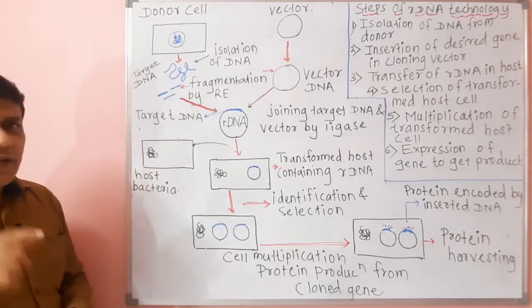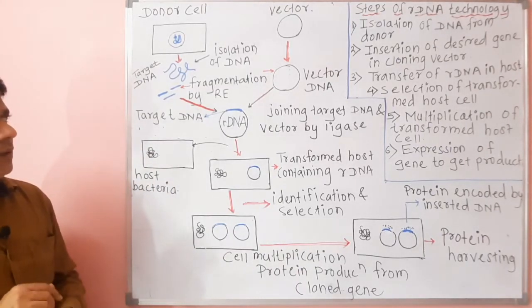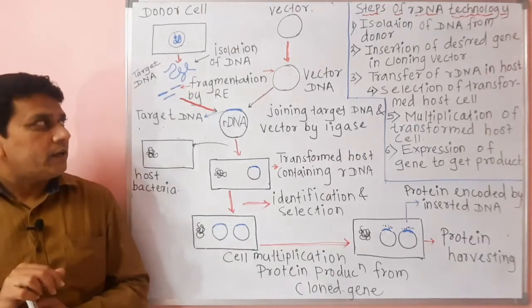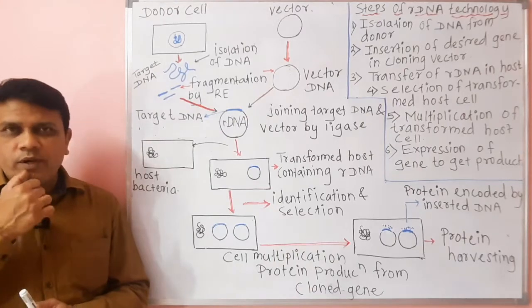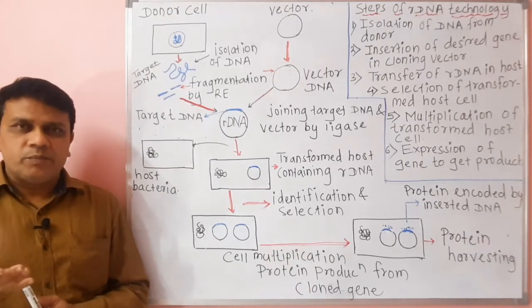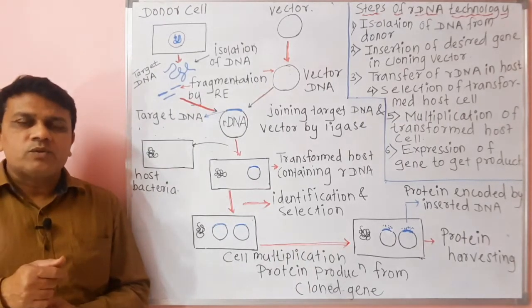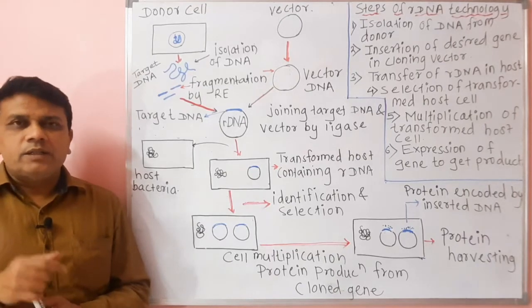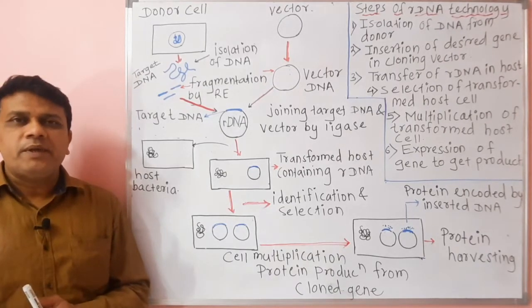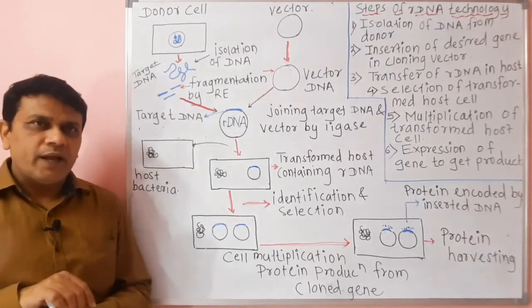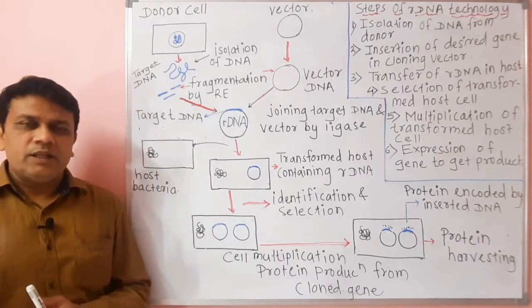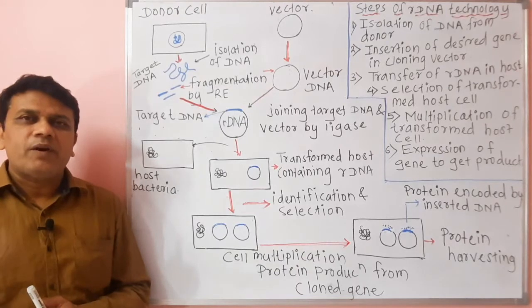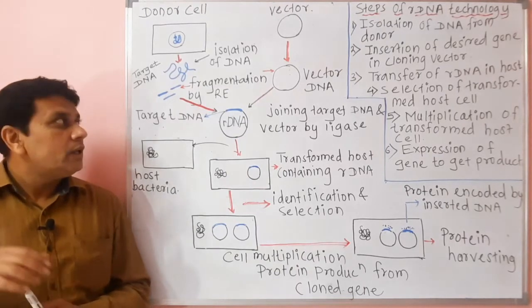And similarly, a cloning vector is selected. Now the cloning vector may be a plasmid. The most commonly used cloning vector is the plasmid pBR322, as it contains the desired genes, that is, antibiotic resistance genes.